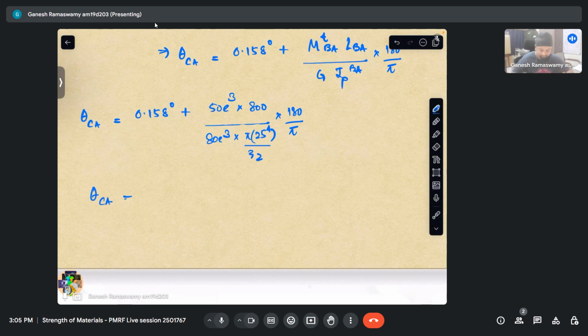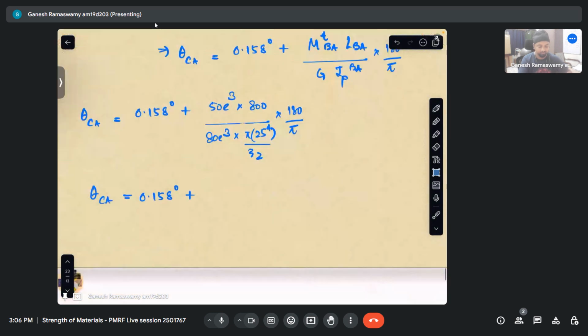It will be this quantity plus what that quantity comes out to be: 25 power 4 into pi by 32 into 80 E3, into 800, divided by 80 E3, divided by 25 power 4 into pi by 32, into 180 by pi.